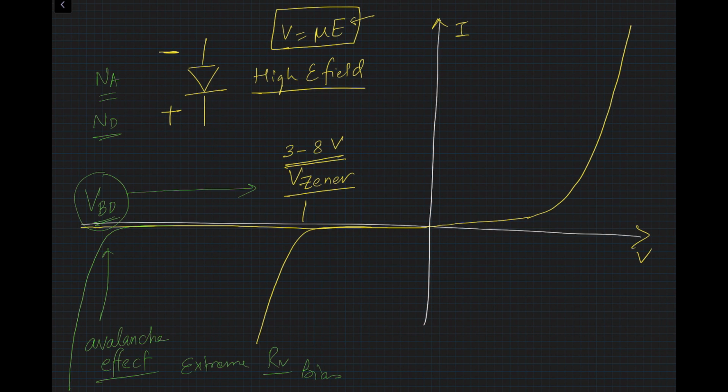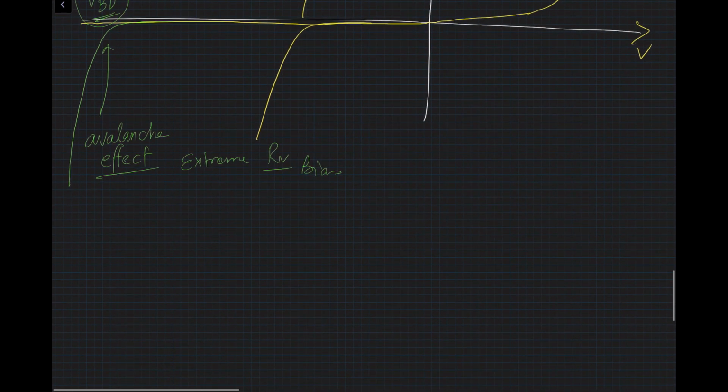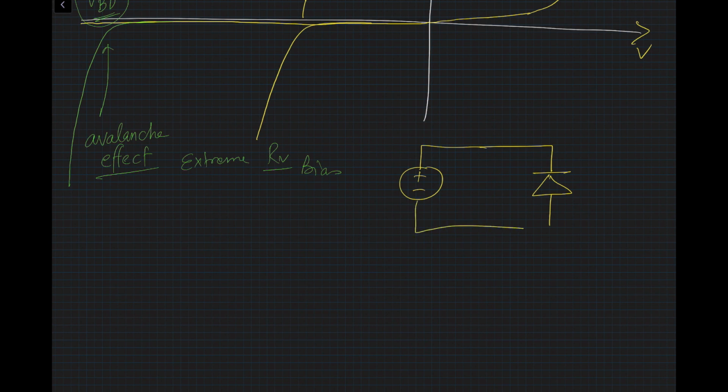Now, key part you have to remember in both these effects is you have to limit the amount of current flowing through the diode. What I mean by that is, if you just take a diode like this, and if you apply a reverse bias potential like this, VR, now this is an ideal voltage source.